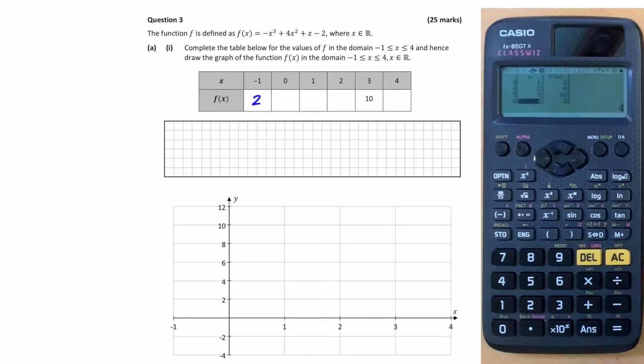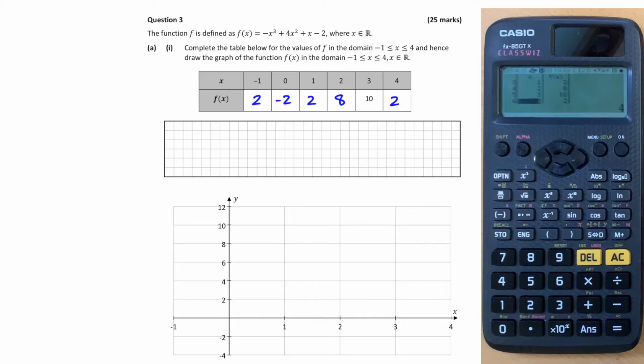Okay, 0 mapped onto -2. 1 mapped onto +2, 2 mapped onto 8, 3 mapped onto 10, so I know I'm correct because that's given to us. And 4 mapped onto 2. And you can check all that with your calculator.